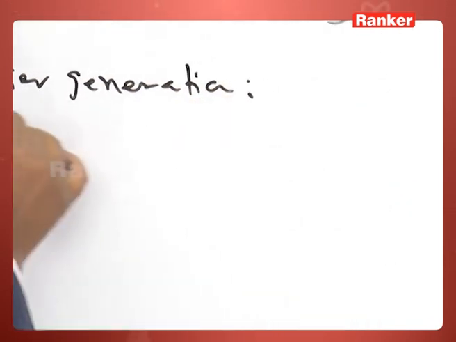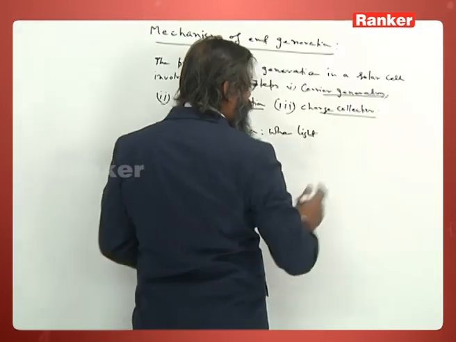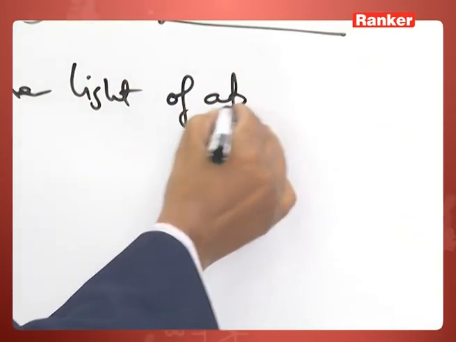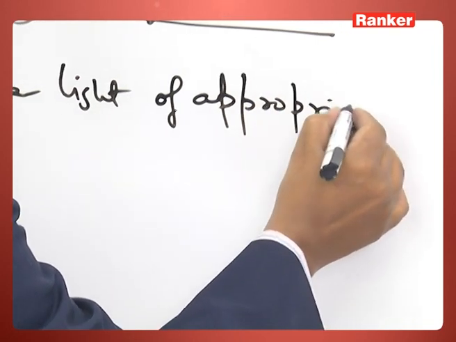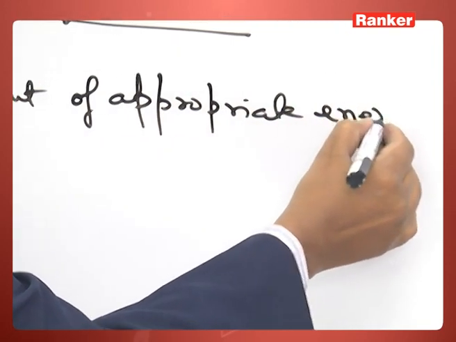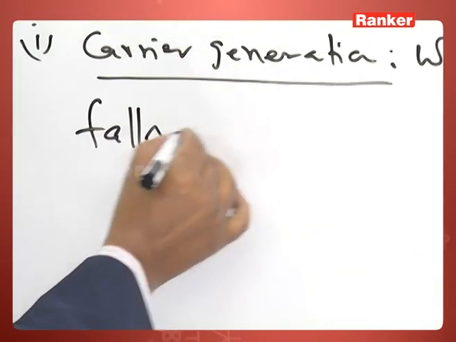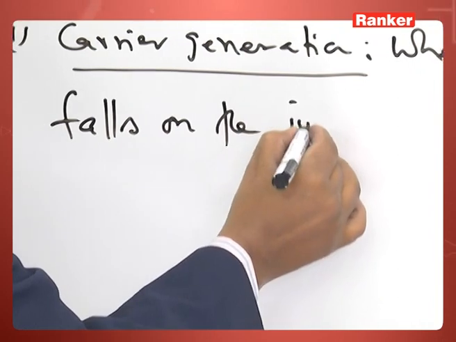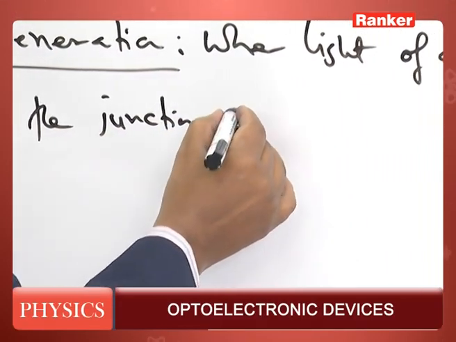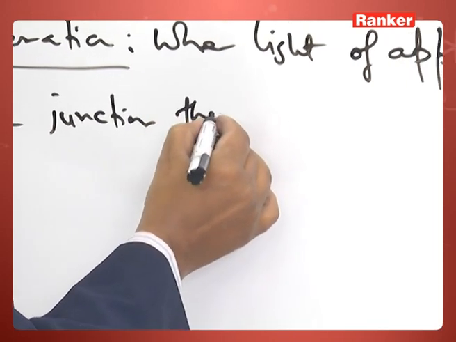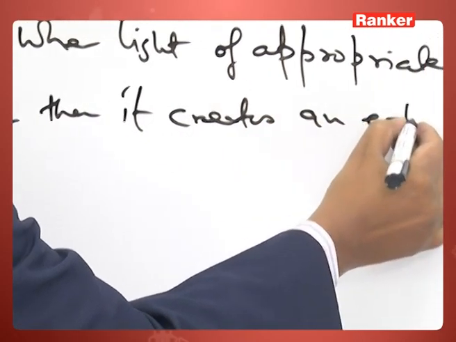So when light of appropriate energy falls on the junction, then it creates an electron hole pair.